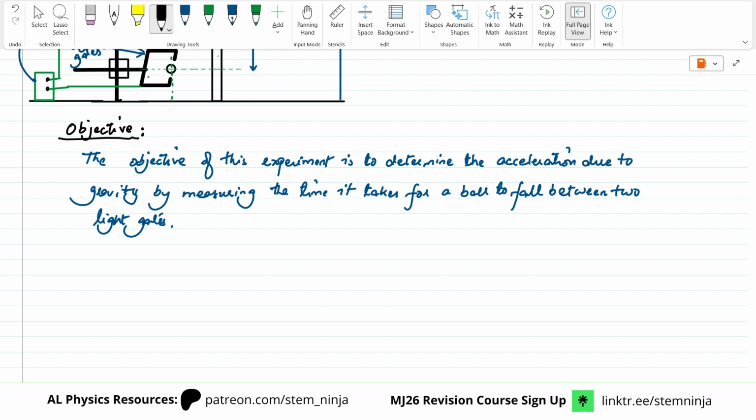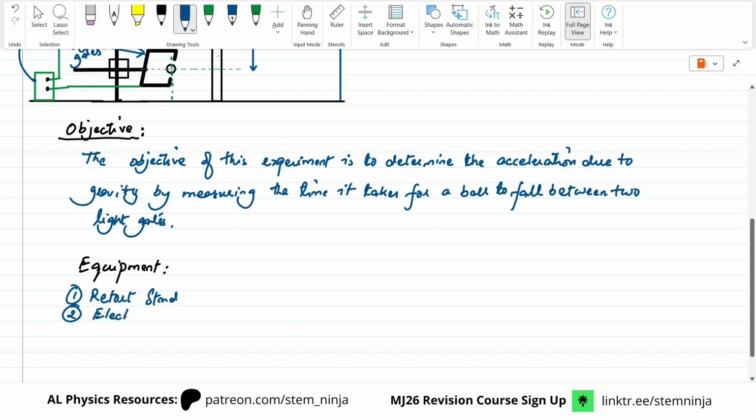Right. Now, the setup and the equipment required. The equipment that we require for this version of the experiment: you will need a retort stand. You will need an electromagnet.